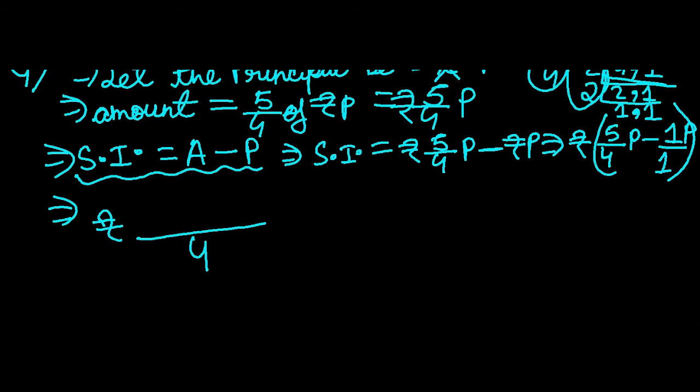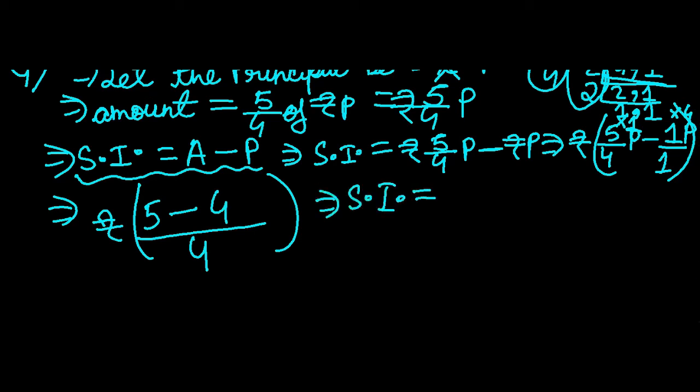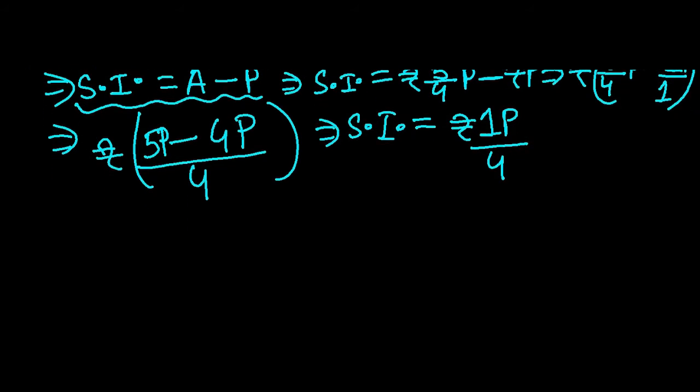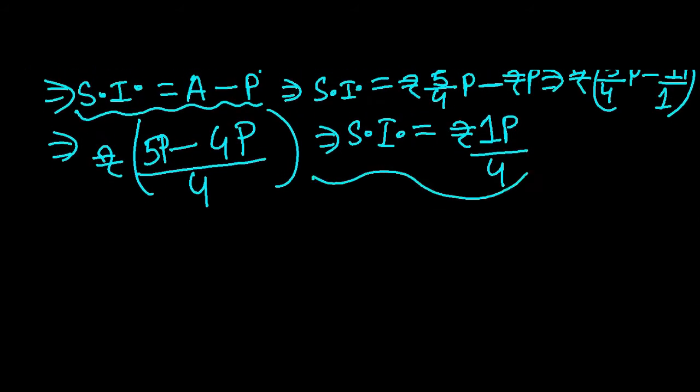We will write it like this. The rupees will be outside. And so 5 into 1 is 5 minus 4. So the SI is equal to rupees, actually we forgot to write P here, 5P minus 4P is equal to rupees 1P by 4. So this is our SI which we got.